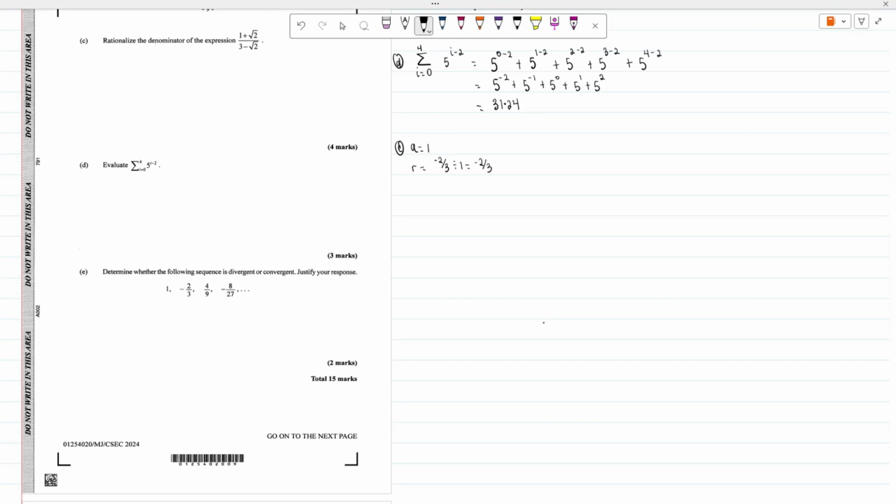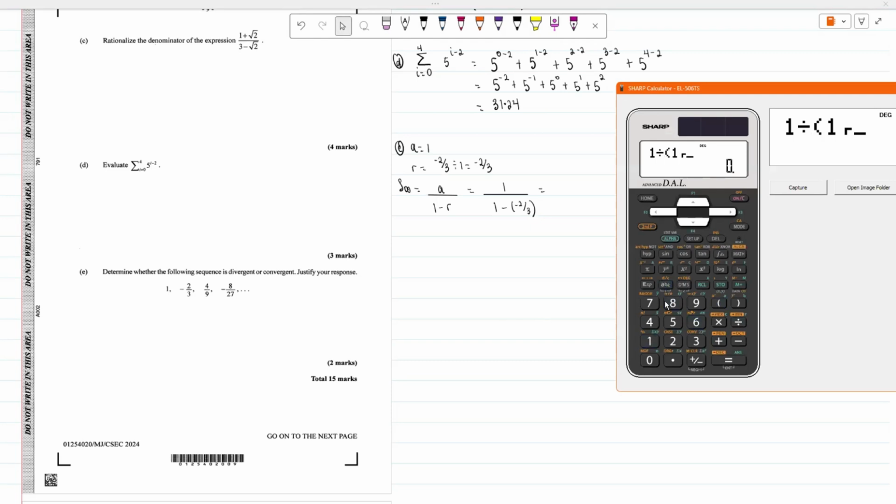So that was easy, A and R. The sum to infinity is equal to A over 1 minus R. This is equal to 1 over 1 minus 2/3, which is equal to 1 over 1 and 2/3. Check it now: 1 divided by 1 and 2/3. I get 3/5.